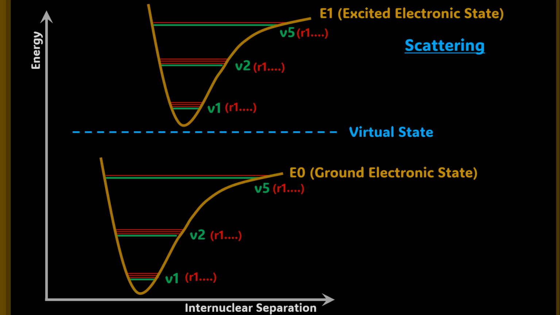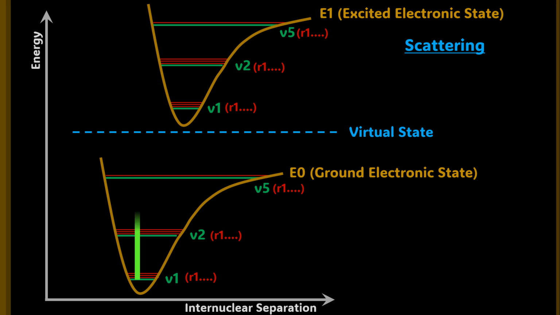Rather, it is a virtual state where the molecule interacts with the photon, causes or does not cause a change in the polarizability, and then it is released back. This phenomenon happens in the order of 10 to the power minus 15 seconds, and thus it is instantaneous, and hence it is not represented in terms of any actual energy state.